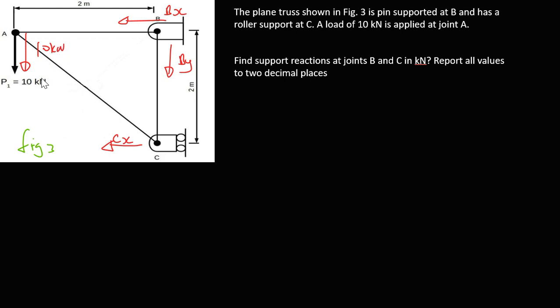Okay, so for equilibrium questions, you know that you're always going to have your equilibrium equations, which are your sum of forces along x equals 0, and you also have sum of forces along y should also equal 0, because this thing is steady, it's not moving, right?